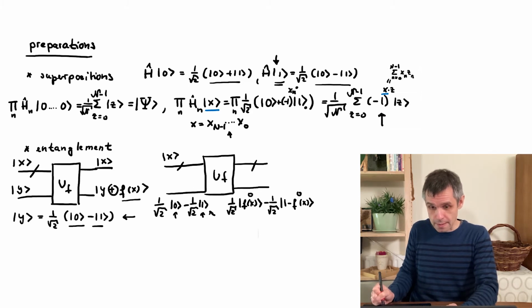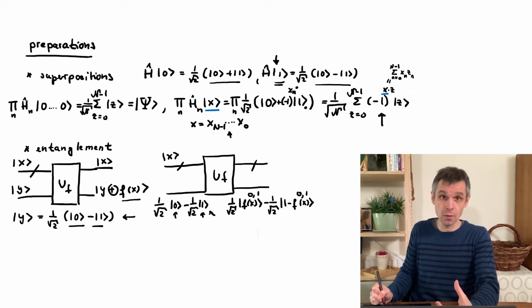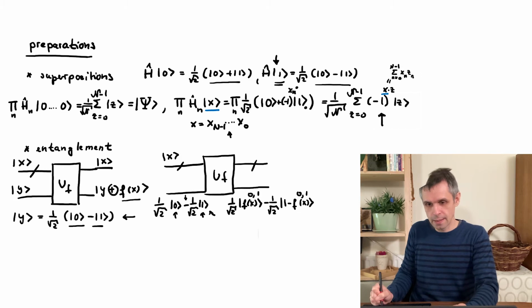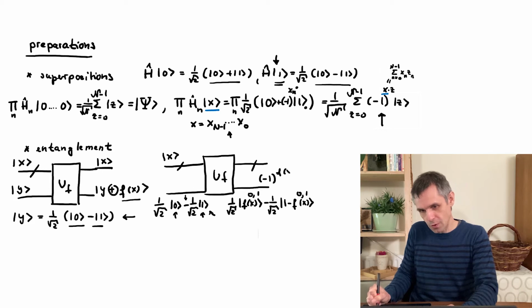But when f of x is equal to 1, then here we have a 1, and here we subtract this 1 to obtain a 0, and this is the same as interchanging the position of the 0 and 1 in the original state, but these here enter with this minus sign, so this is the same as putting a minus sign just in front of the whole state. And therefore all of this can be written very compactly in the following form.